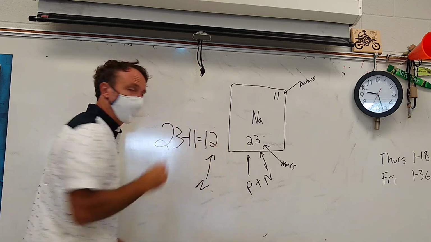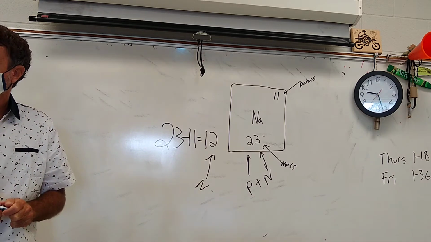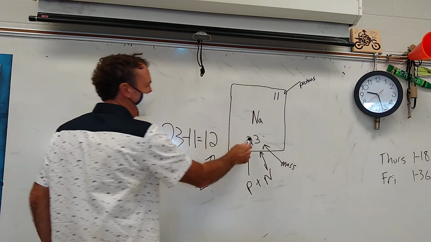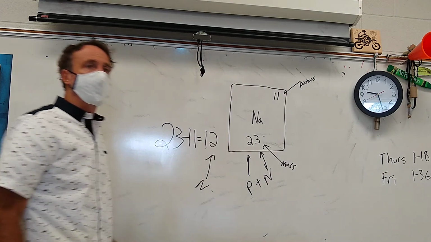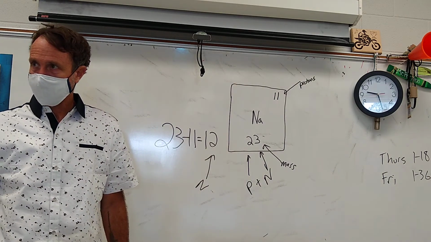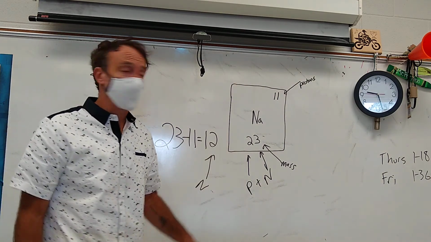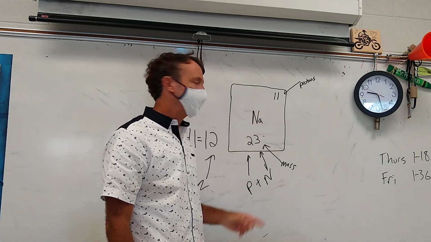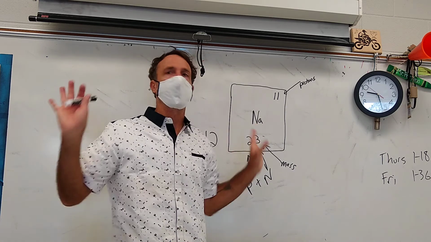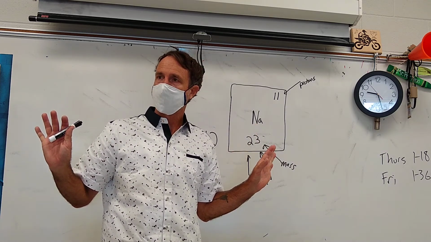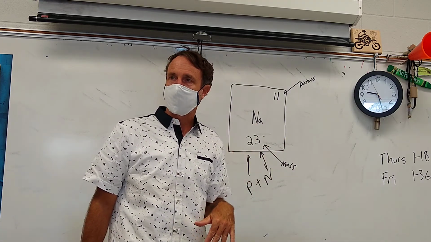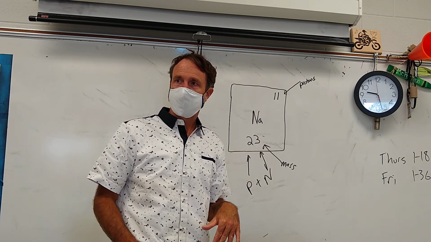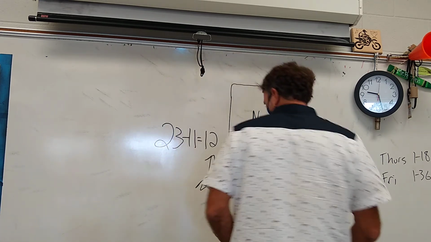There are 12 neutrons. Does that make sense? You have to subtract these two numbers to come up with the number of neutrons. And some of you may say, Mr. Perkins, why don't they just put the number of neutrons on the card? Well, they did. If they tell you this is 23, then you automatically know the number of neutrons is 12. There's no reason to write it up there. Does that make sense?